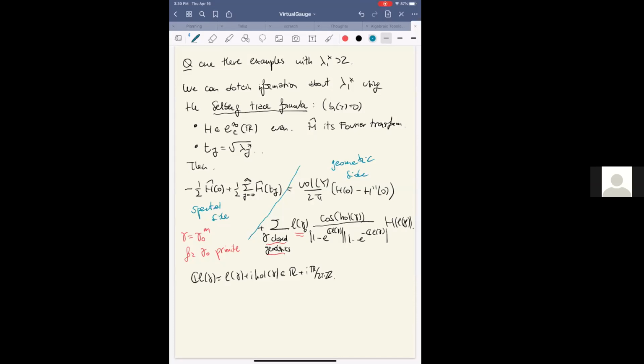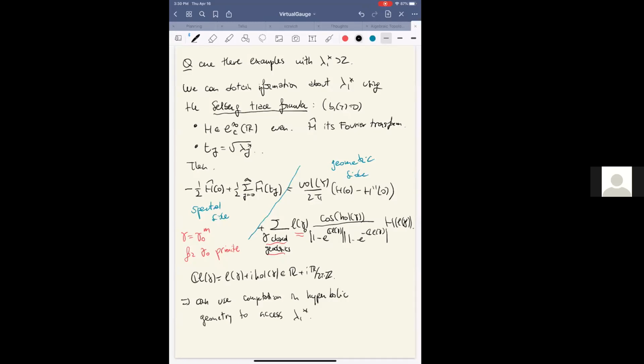So the upshot is that we can use computations in hyperbolic geometry to access lambda 1 star. Okay, so this is the main idea.